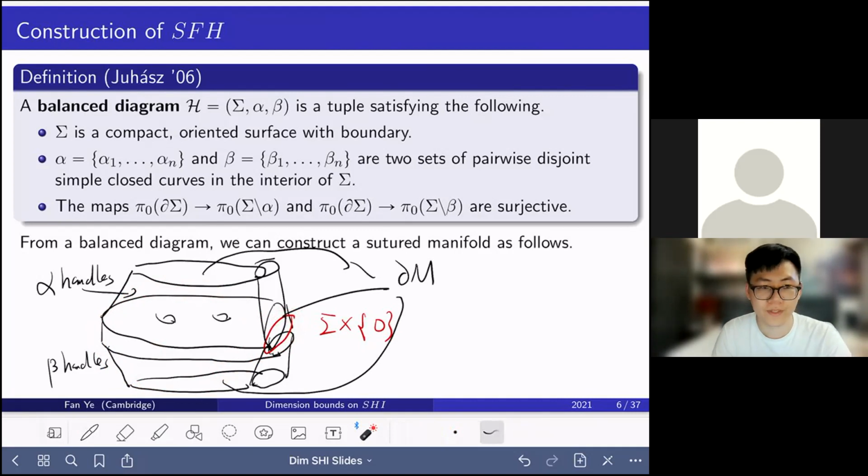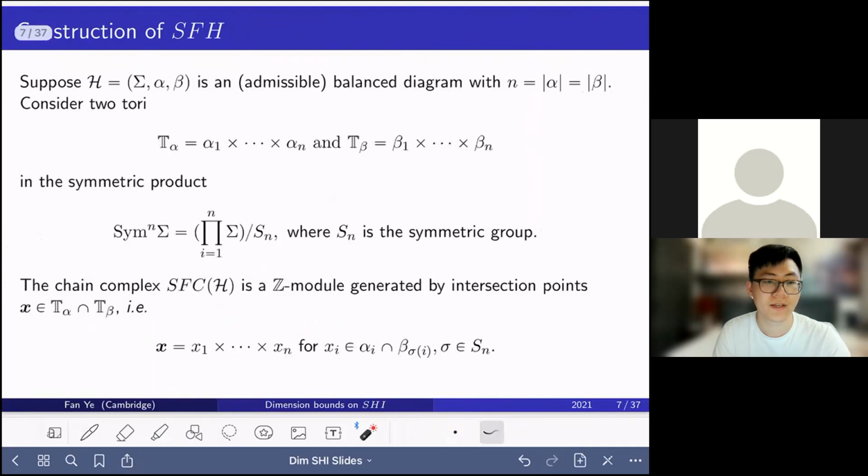If we can construct the manifold by this diagram, we say the diagram is compatible with the suture manifold. Okay, so then from a balanced diagram, we can define the suture Floer homology.